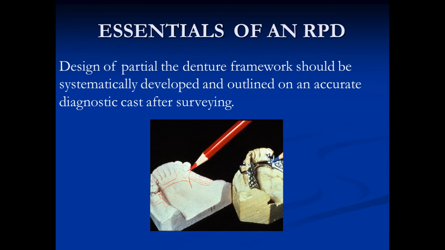So what are the essentials of designing a removable partial denture? At what step or stage do we need to design it? Whenever we have to fabricate a removable partial denture, we always make a diagnostic impression for the patient.